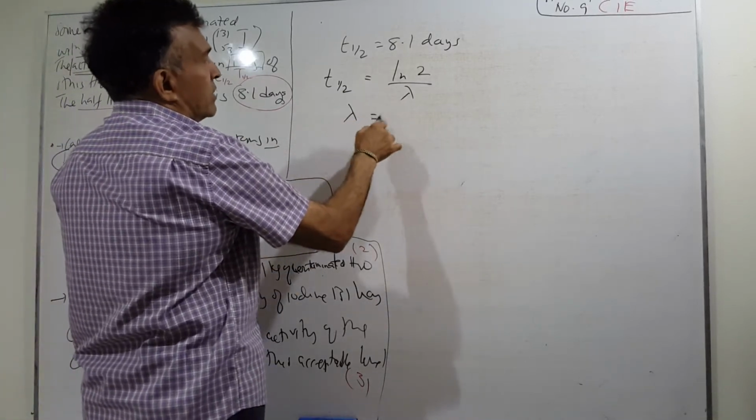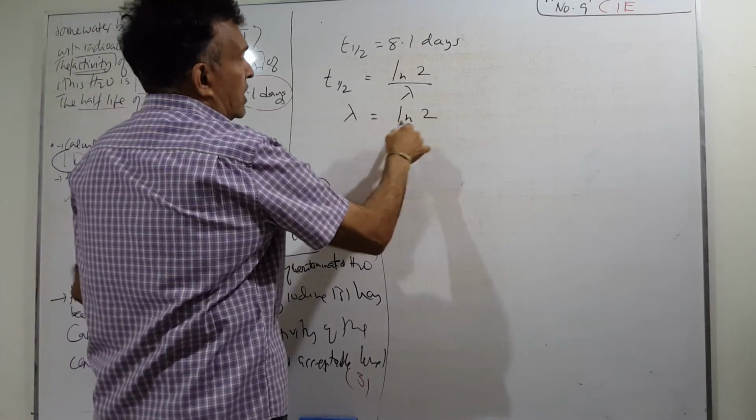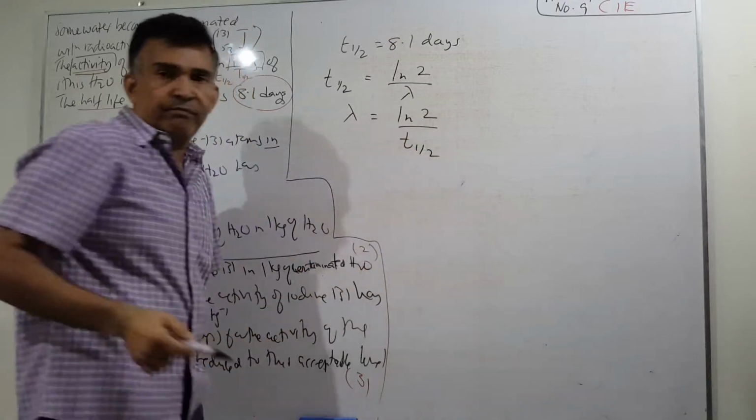So we can work out lambda, the decay constant: lambda is ln 2 over the half-life.